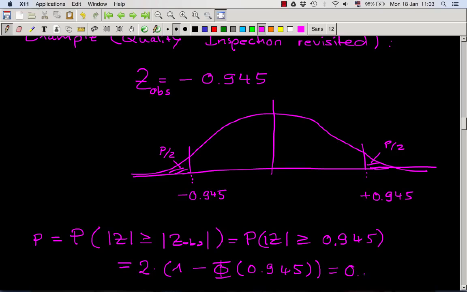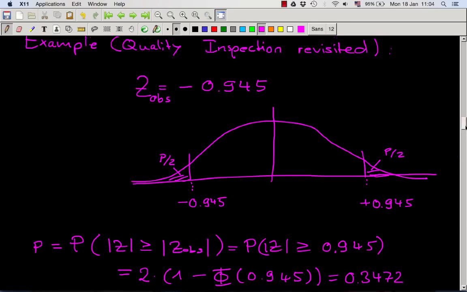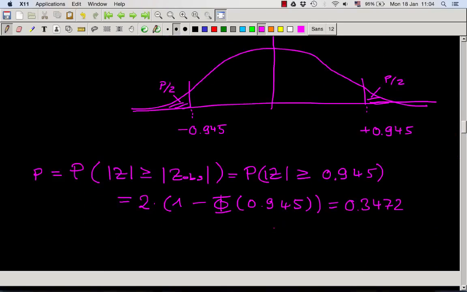And we compute that this area is 0.34572, which is a lot.